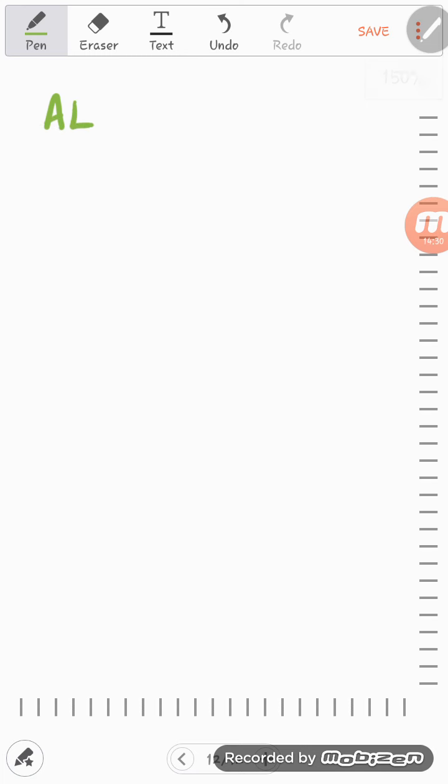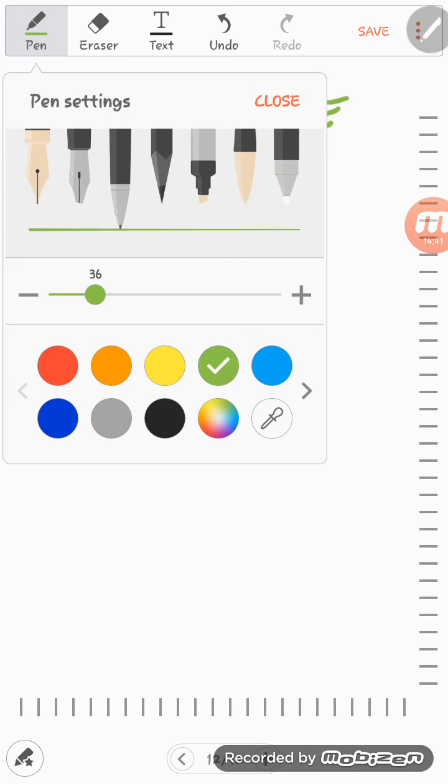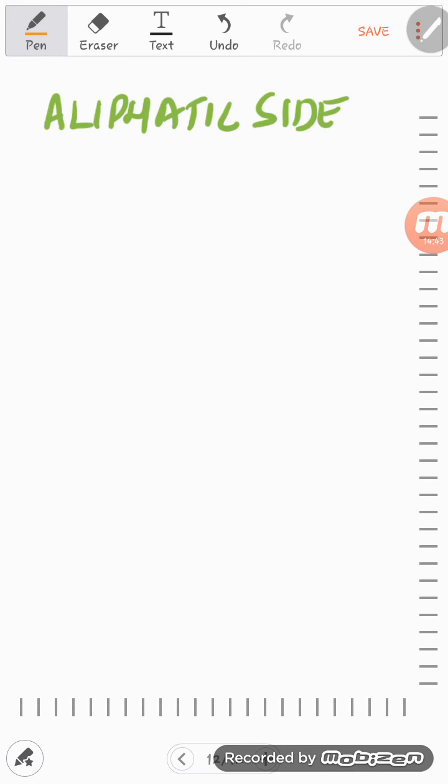So I just want to make a note about a few amino acids. Let's make things very simple. Aliphatic side chain is present in, the code is LIVGA, live GA.